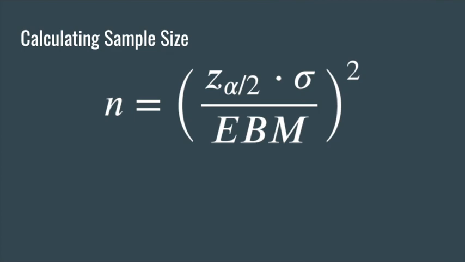Then we can plug them into this formula, and that'll tell us how large a sample we need. So just remember that we always need to round this number up. If we get a decimal, 302.1, we need to round that up to 303 so that we make sure that we have a large enough sample. It's okay to have a bigger than necessary sample. It's not okay to have one that's just slightly too small.